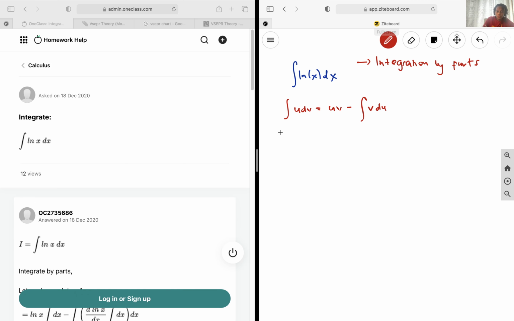And how we are going to choose u. So we're going to be using ILATE.